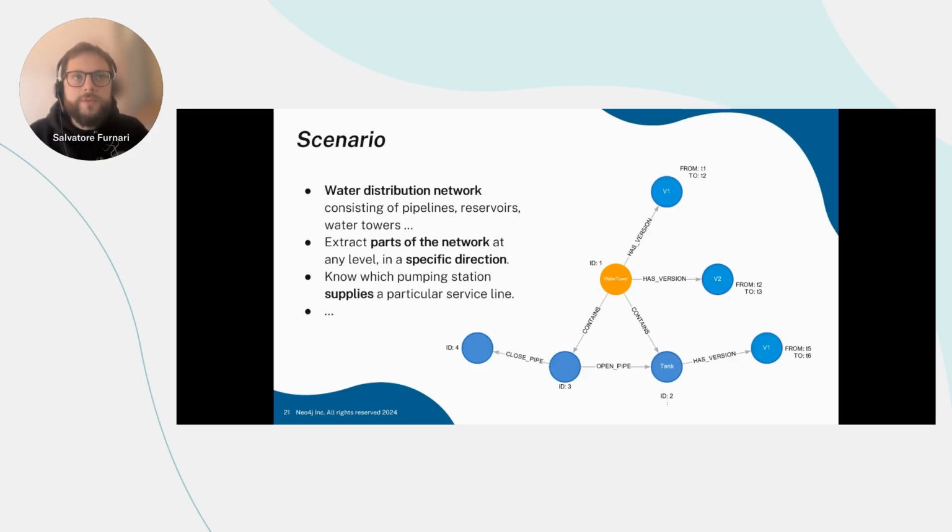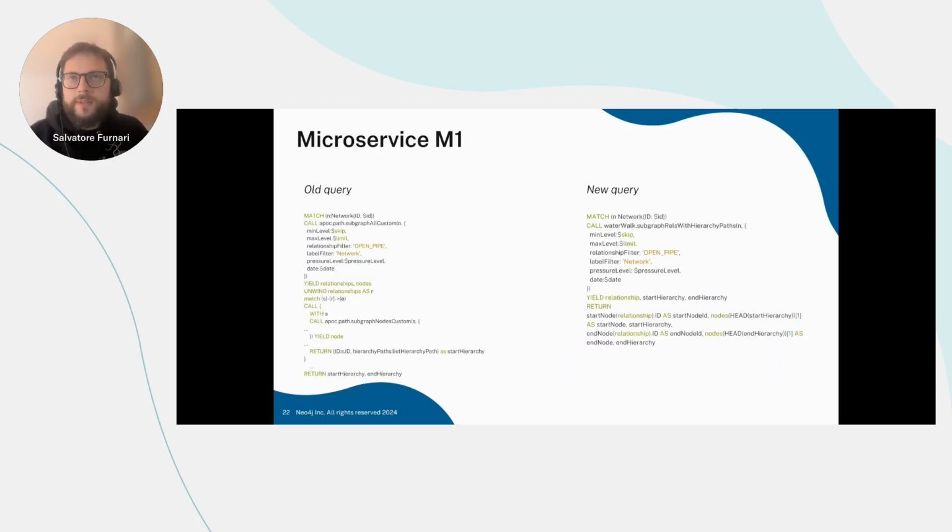For example, we want to extract parts of the network at any level, in a specific direction. Each element of the network is modeled as a node in the graph. We have several relationships that are self-explaining. Open pipe and closed pipe refer to a flow of water between the elements.